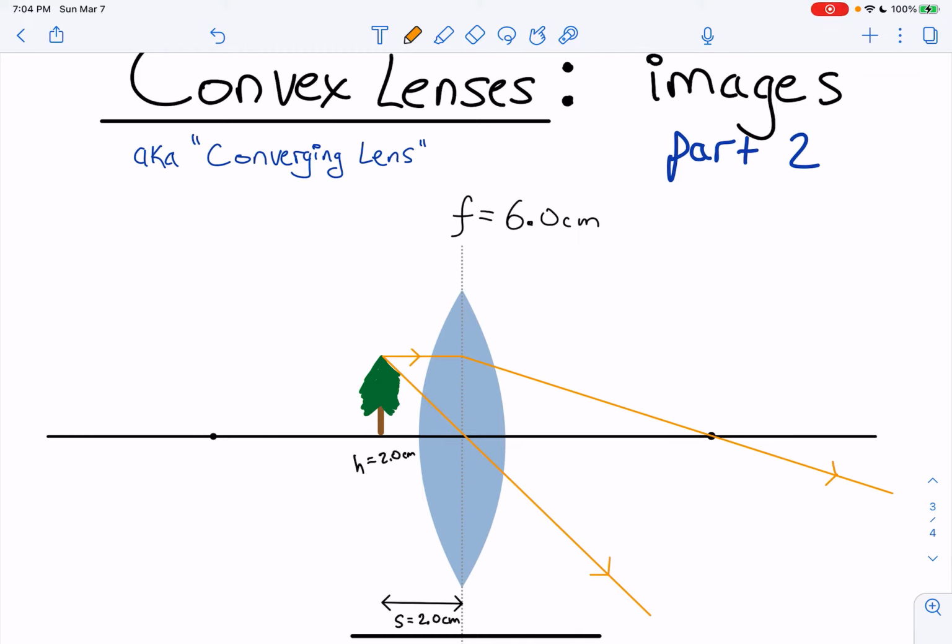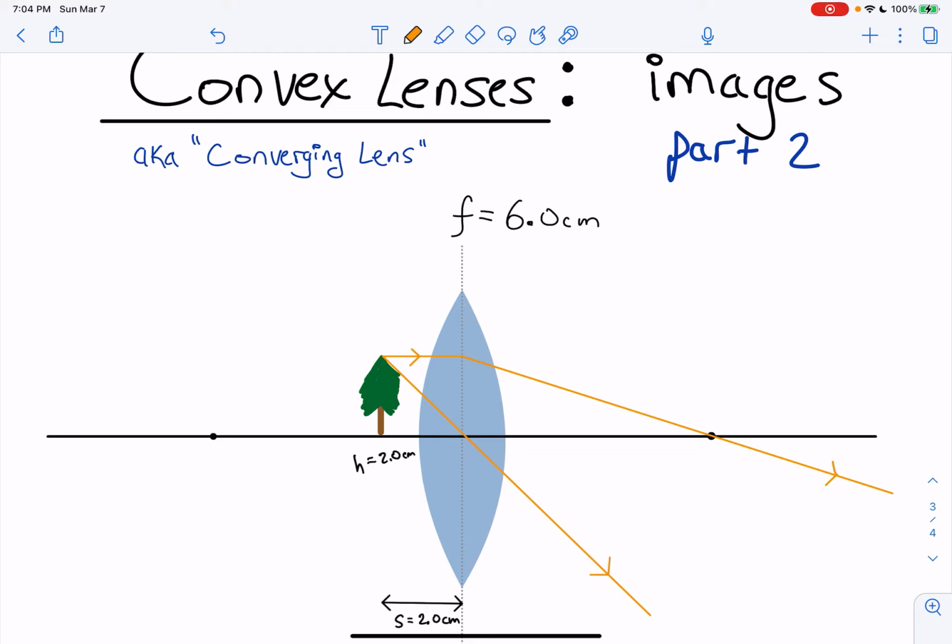Now, what else can we do? Originally, when we did an image ray tracing where we were outside the focal distance, the next ray we could draw would be through the focal point on the same side. But that doesn't seem very helpful in this case. But in fact, that's sort of what we're going to do.